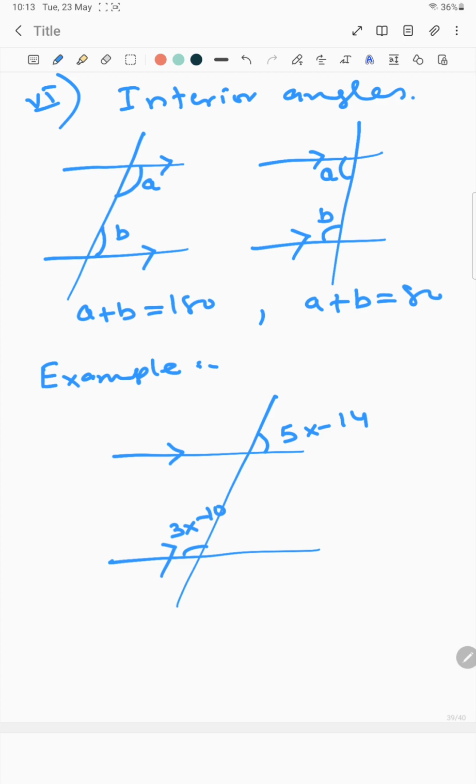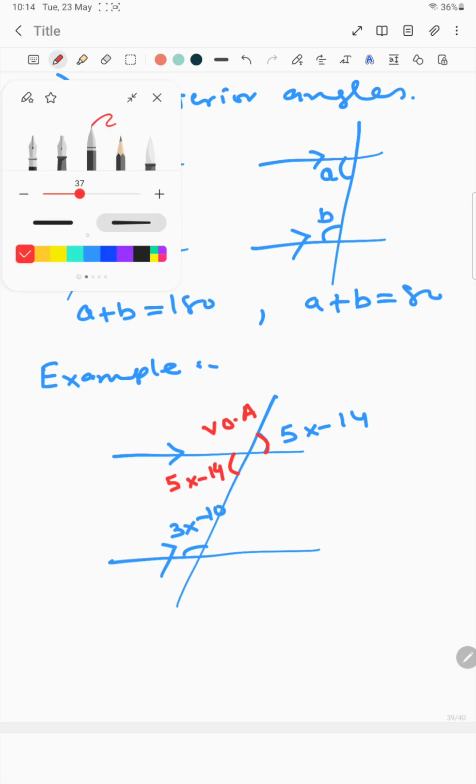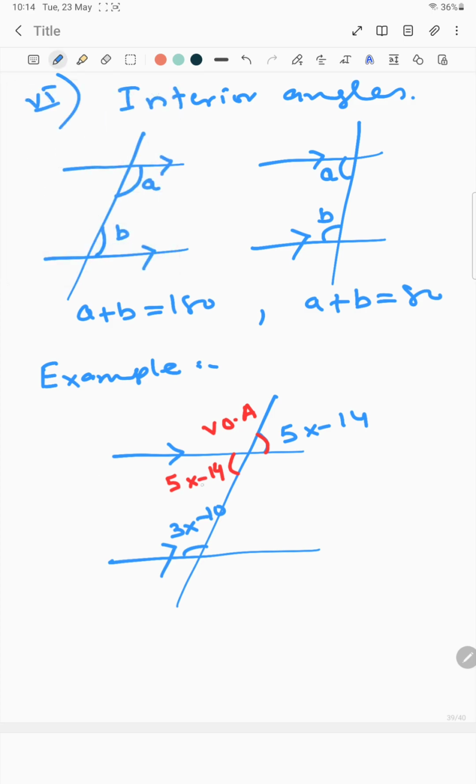First of all, if this angle is 5x minus 14, it means this angle will also be 5x minus 14. Which property are we using? These are vertical opposite angles. Now, these two angles, I'm talking about this one and this one, are lying on one side and under the line, so these are interior angles. It means their sum is equal to 180.